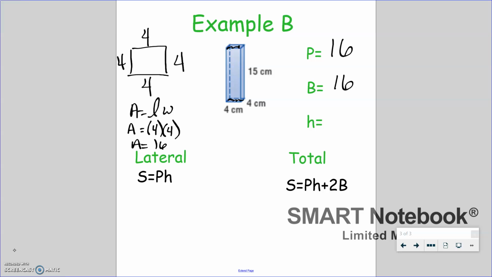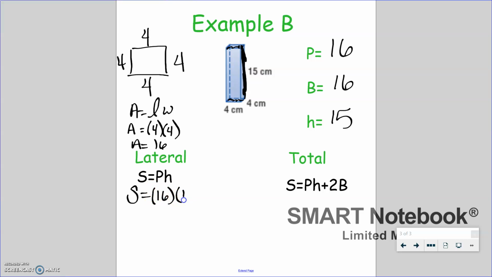Now that we have the perimeter of the base as well as the area of the base, the height of the prism, remember the height of the prism is the distance from one base to the other. So the height of our prism is 15. So now that we have all of our numbers, we can go ahead and start with substitution. So I have surface area is equal to perimeter of the base, and the perimeter of our base is 16.